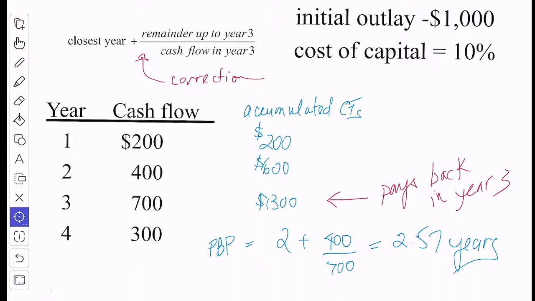So you still have, it's 600, we need 1,000, so $400 remains, so it's $400 out of the $700. No, it's cash flow in year 3 is 700. And what remains, it's 600 that we've paid back, we've got back, recovered, and 400 remains.